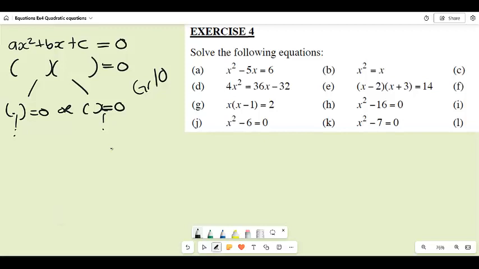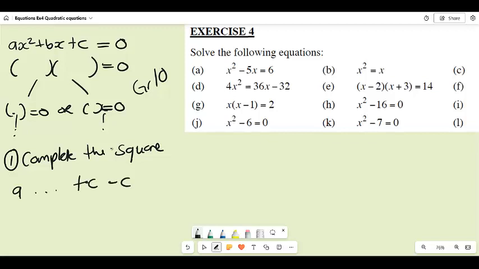In grade 11, you learn two more methods of solving equations. The one is called completing the square, and when we complete the square, we say your equation, whatever it is, plus c minus c, equals 0. This portion is what's new.